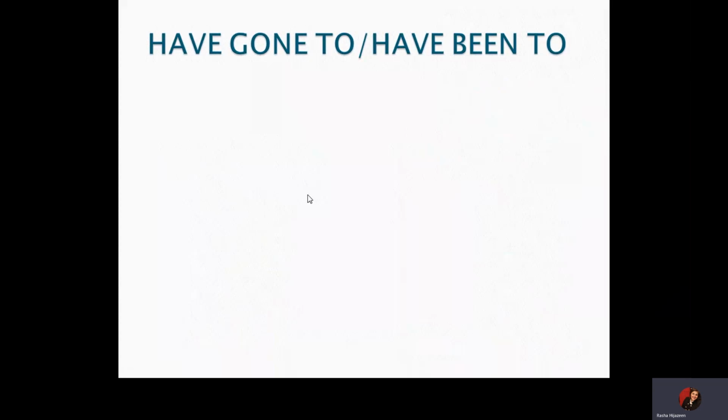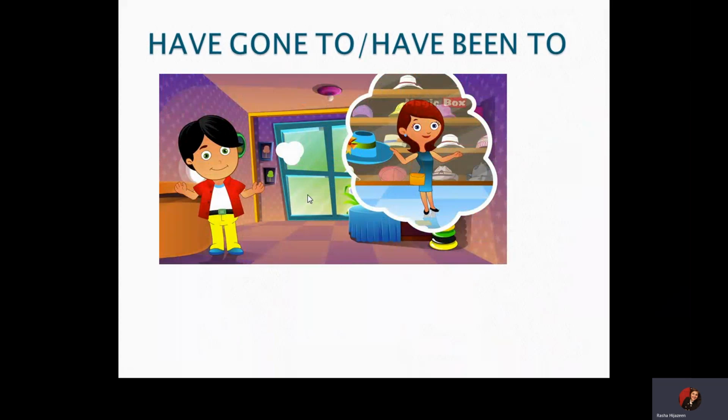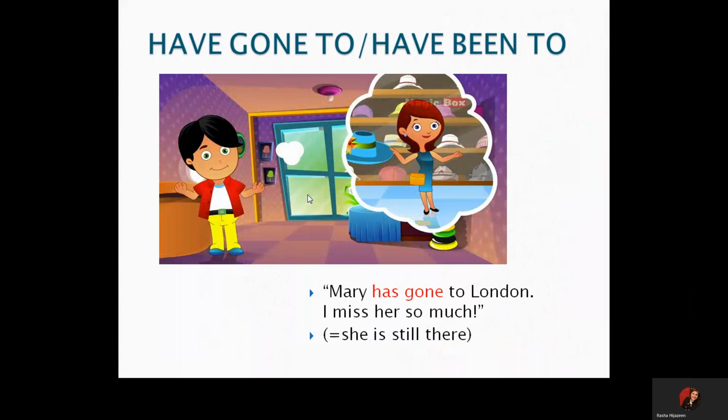Have gone to and have been to. Okay, we have a picture here. Someone is waiting for his wife, and she went to the shop to buy things. Let's check the sentence. Mary has gone to London. Has gone, which means she is still there.